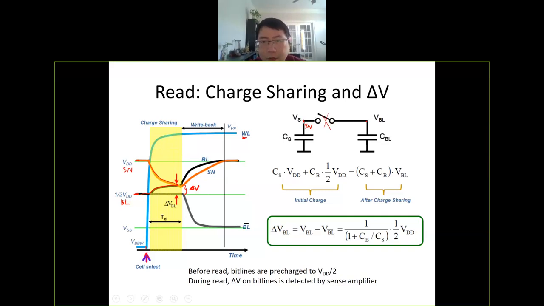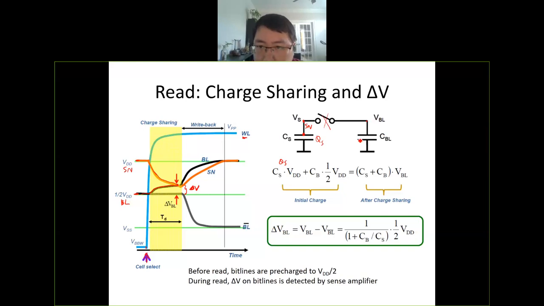But we can look at the total charge we have on those two capacitors. On the left-hand side, on the DRAM cell, what is the charge stored on this capacitor? The charge is the voltage across the capacitor multiplied by the capacitance, so on the cell you will have Cs times VDD.